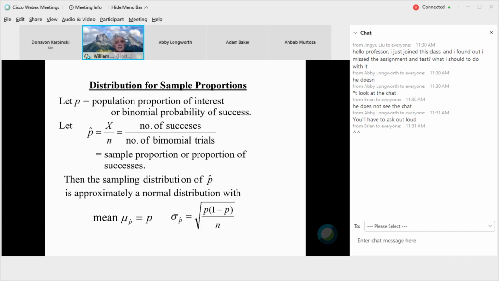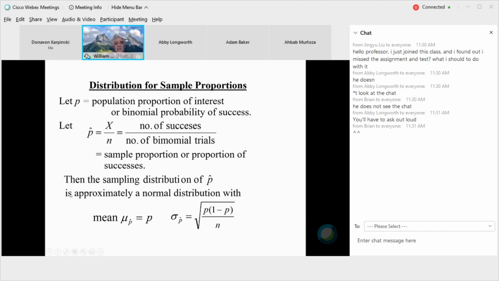A group of interest, the proportion in that group is P. So when you take a sample of n from the population, whether an individual case belongs to that group or not, the probability will be P. P hat is the sample proportion. It's the number of successes, the number of cases that are in that group, over the total number of cases.